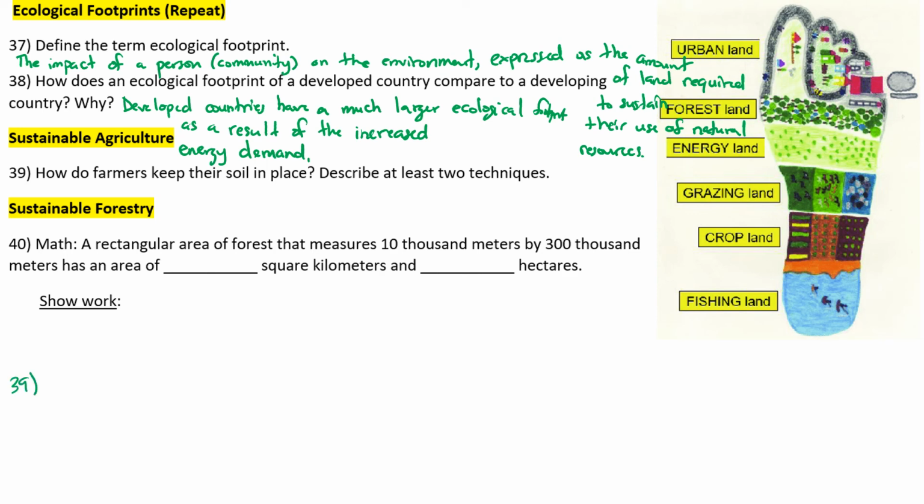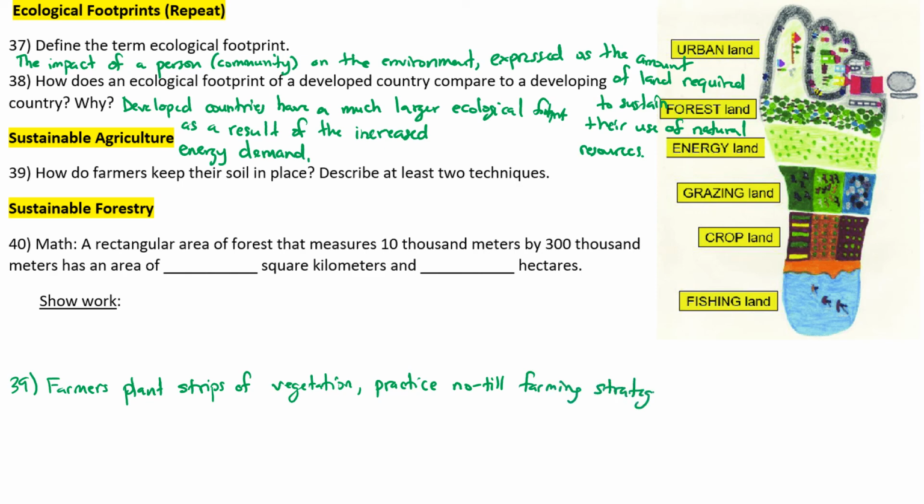So 39, farmers plant strips of vegetation. They practice no-till farming strategies.